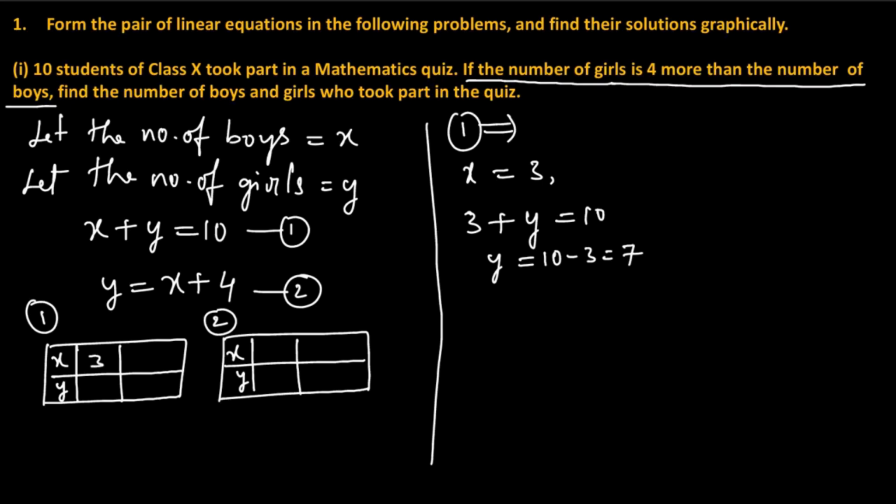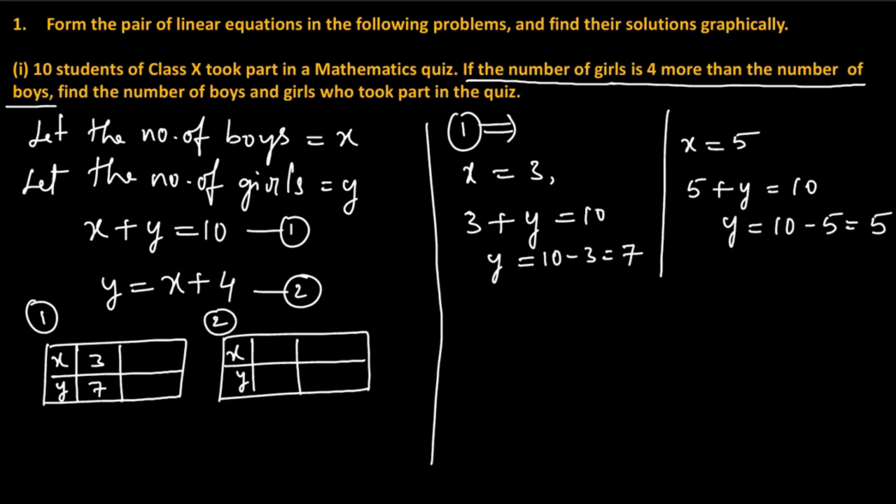In the same way, if I take x is equal to 5, then 5 plus y is equal to 10, so y is equal to 10 minus 5, which is equal to 5.